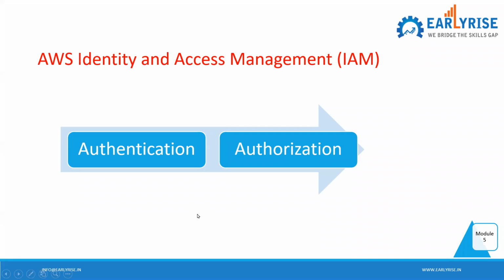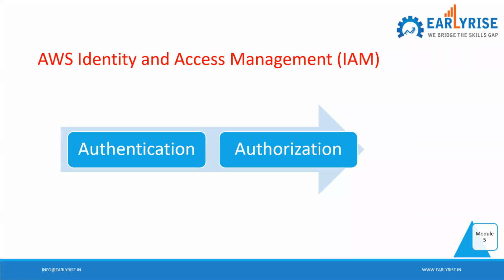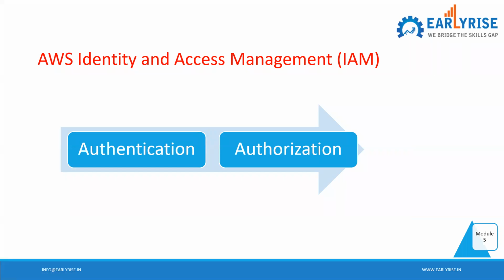We'll look at authentication and authorization, and then we will take a break and then do hands-on. Authentication and authorization are two very important things. Any idea what authentication is, what authorization is? Authentication is verification.